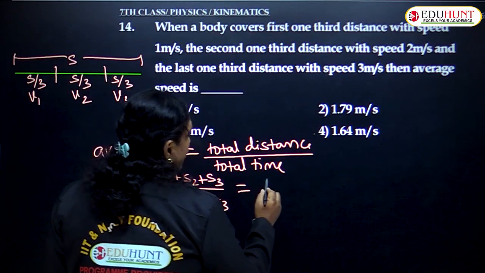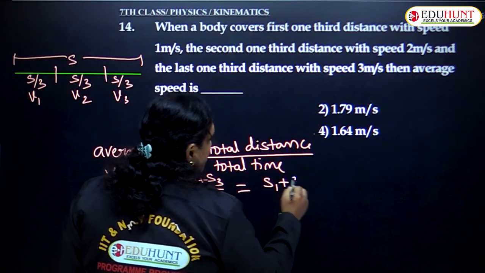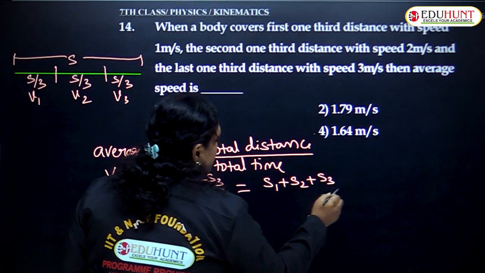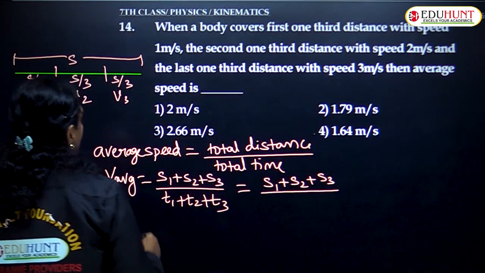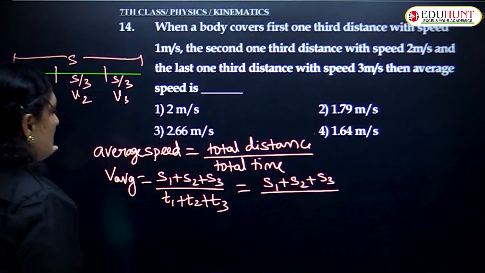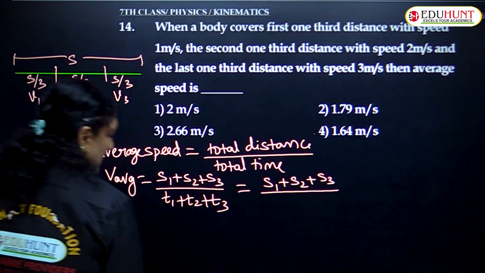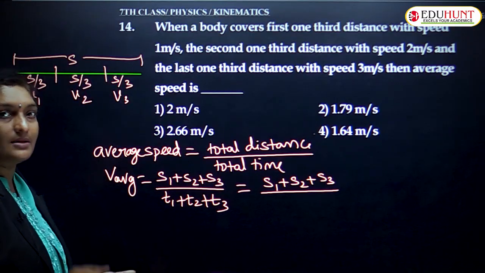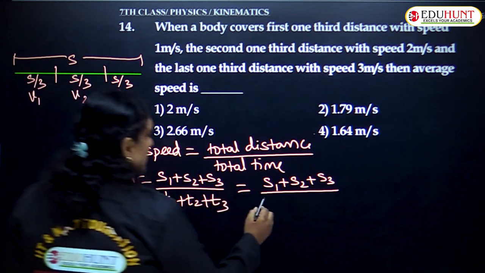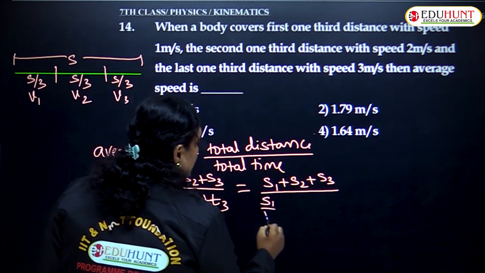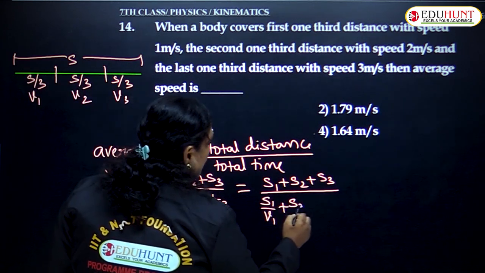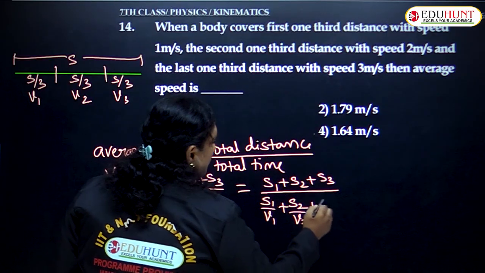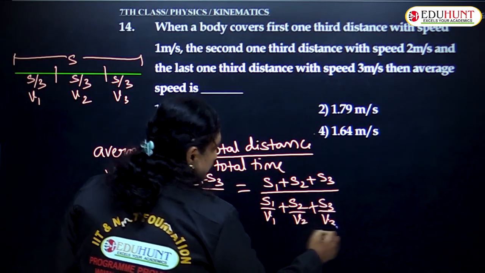So, as time is not given, time in terms of speed can be written as, since speed equals distance by time, time is equal to distance by speed. Hence, it can be written as distance by speed: S1 by V1 plus S2 by V2 plus S3 by V3.